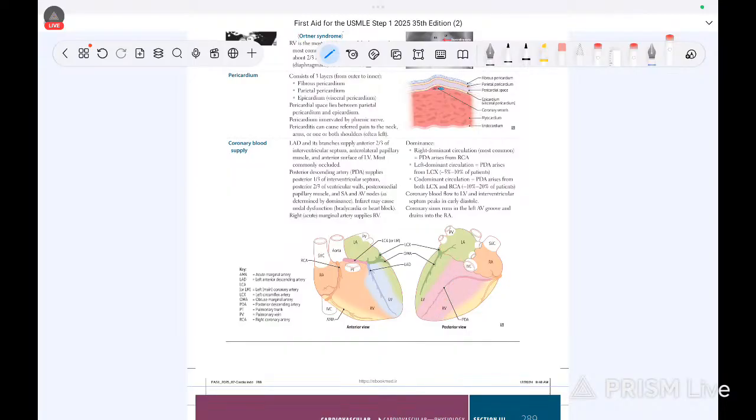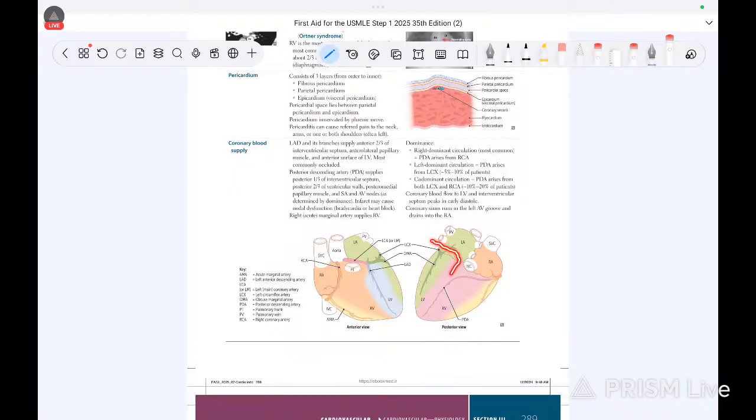It is about 5 to 10% of patients. And codominant are those in which both the left circumflex and the right coronary supply the PDA. It is about 10 to 20%.